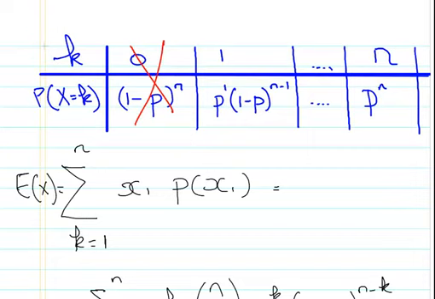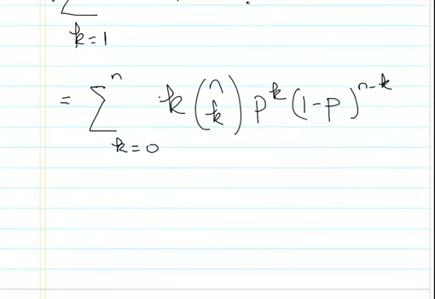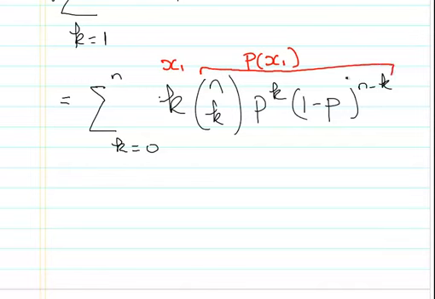So k goes all the way up to n. Rewriting that out, this xi is just k, and this is the probability of xi. Again, we're changing this from k equals 0 to k equals 1.